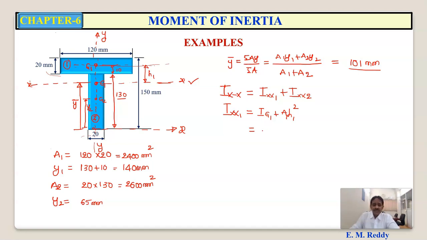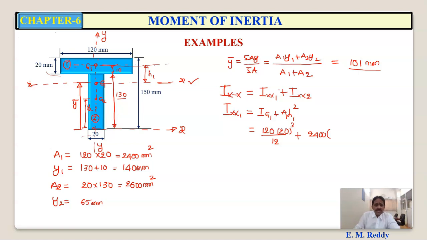So the moment of inertia about the centroidal x-axis of rectangle 1, what is the formula? B d cube by 12. B is 120, D is 20. So B d cube by 12 plus A1, area of rectangle 1, that is 2400 into H1. So what is the H1 here?